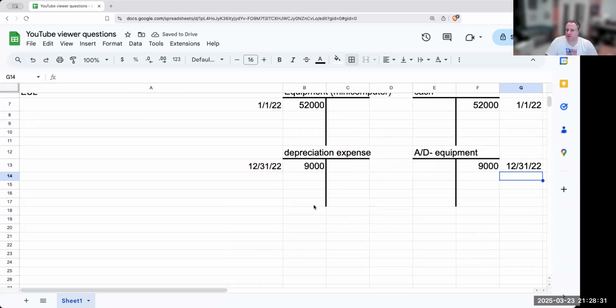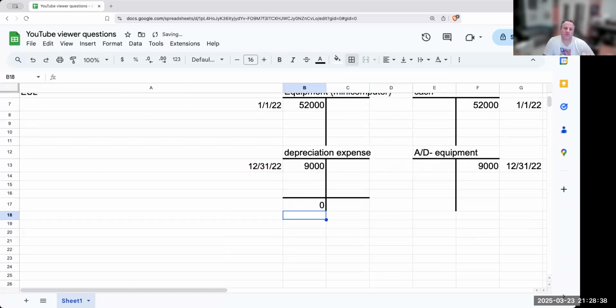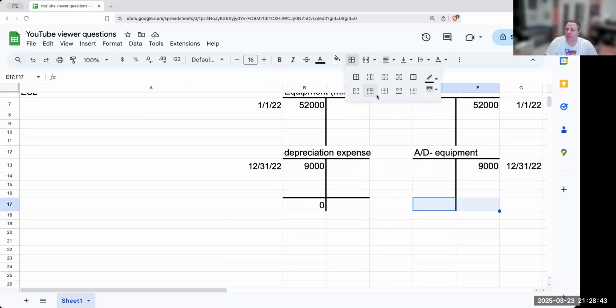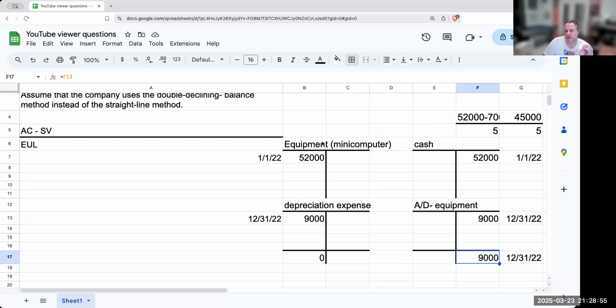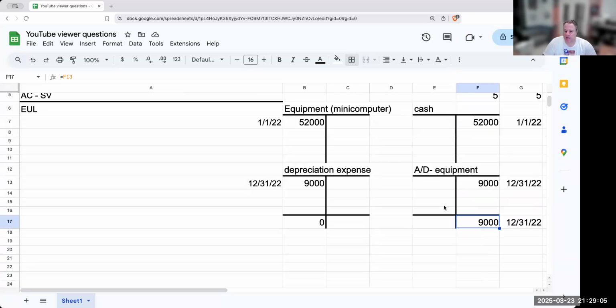At the end of the year, our temporary accounts are going to get closed out. The depreciation expense is going to be closed out to retained earnings. However, accumulated depreciation on equipment is now going to have an ending balance of 9,000. Remember, because equipment has physical substance, we're not going to credit the equipment directly. We're going to use what we call a contra asset account to accumulate that depreciation.